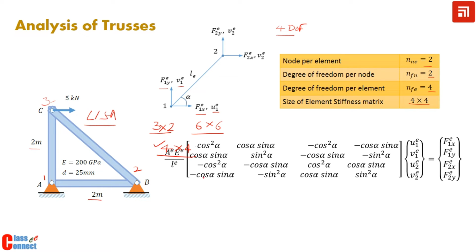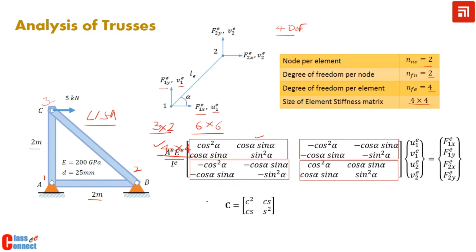In general, we can get element stiffness matrix by this, and we can remember this with a simple expression in terms of C, that is C square, cos square alpha, cos alpha sin alpha, cos alpha sin alpha, sin square alpha, and the element stiffness matrix can be represented by this C, minus C, minus C, C. This is equivalent to the bar element stiffness matrix, where the element stiffness matrix was AE by L times 1, minus 1, minus 1, 1.